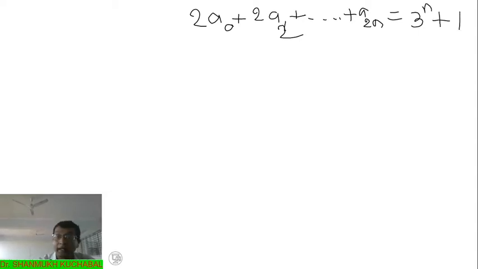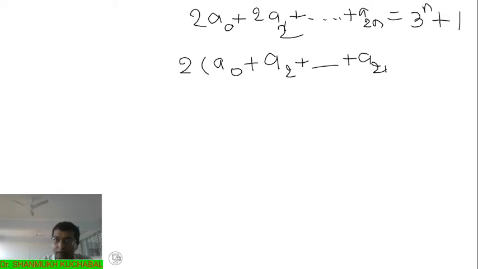Now we take a 2 common outside. We get a0 plus a2 plus so on, up to a2n equal to 3 raised to n plus 1.